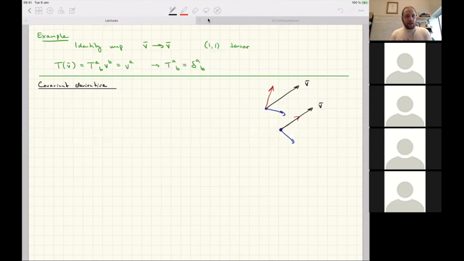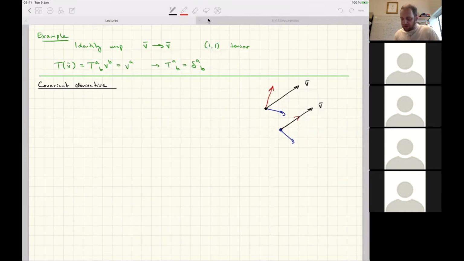So this vector is the same. However, at this point, it's parallel to the red basis vector, so its blue component is going to be 0. But at this point, it's not parallel to the red vector, and it's going to have a component in the blue direction because of that. So this means that the components, even though the vector is constant, are not going to be constant.